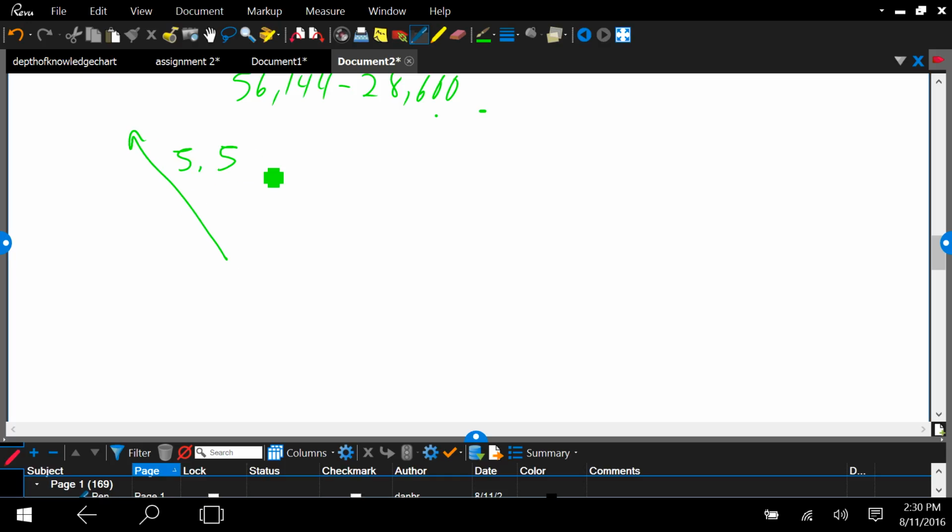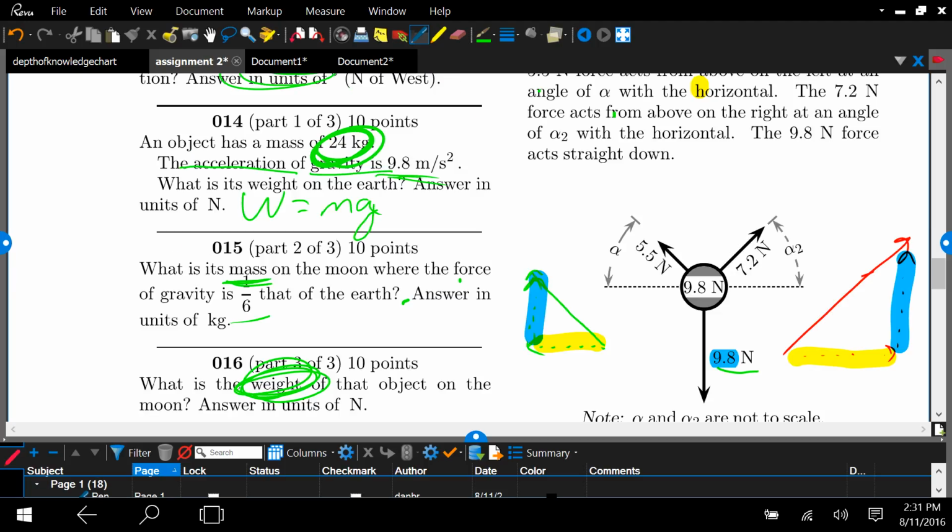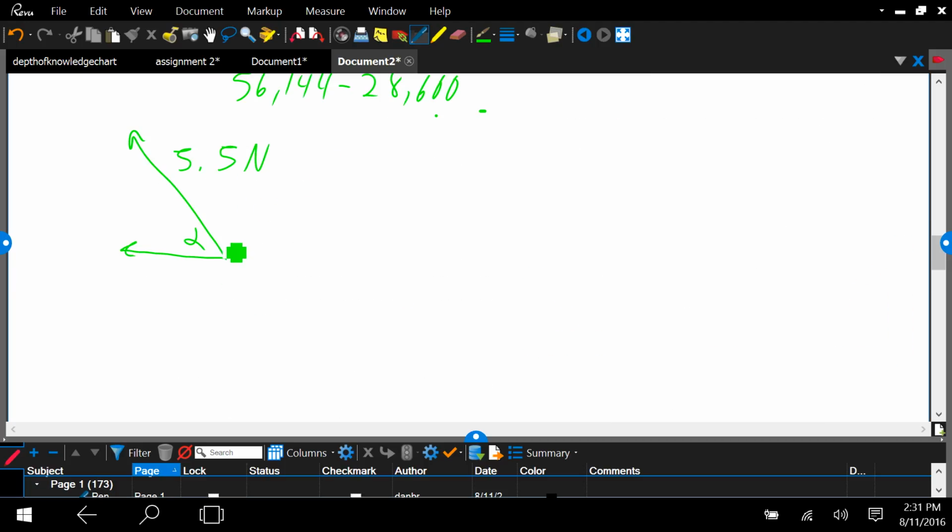Because your unknowns are going to be the angles in this situation. So here we have alpha, let me double check, it is alpha, and the other one's alpha 2. Okay, so this is the adjacent side. So I'm going to say that this would be 5.5 newtons times cosine of alpha. If you're curious where I got that from, please note 5.5 newtons is the length of my hypotenuse in this case.